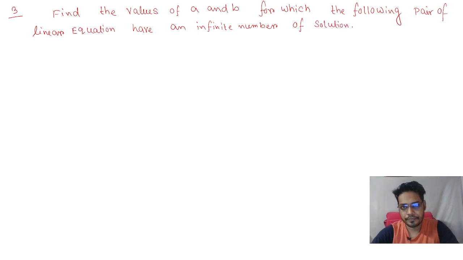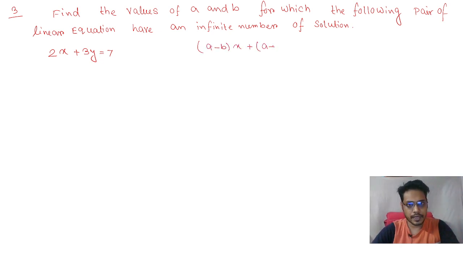So now two equations are there, that is 2x plus 3y is equal to 7, and the second equation is a minus b into x plus a plus b into y is equal to 3a plus b minus 2. So two equations are there, and you have to find the values of a and b for which this pair of linear equations has infinitely many solutions.